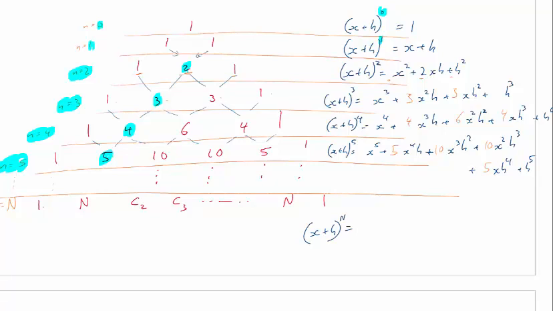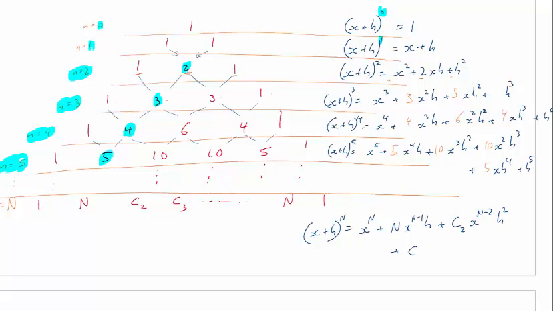Following the pattern, the lead term is going to be x raised to the n, plus x raised to the n minus 1, because we're going down in a power, times h, plus c2 times x to the n minus 2 times h squared.